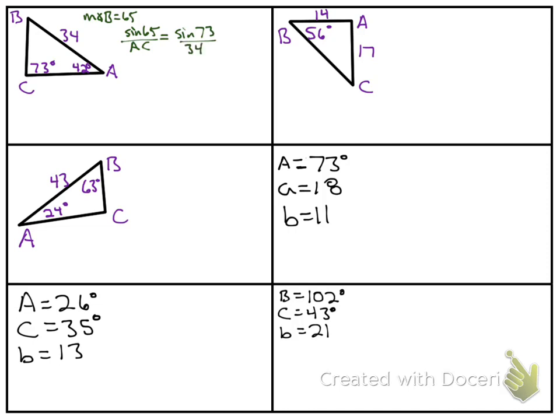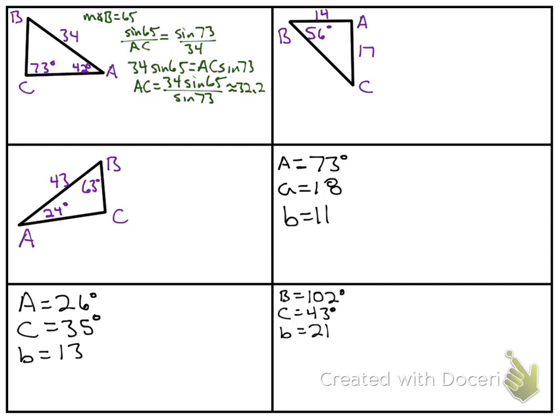With cross product, we're going to go 34 sine 65 equals AC sine of 73, which eventually becomes AC is 34 sine 65 over sine 73. And we get about 32.2.